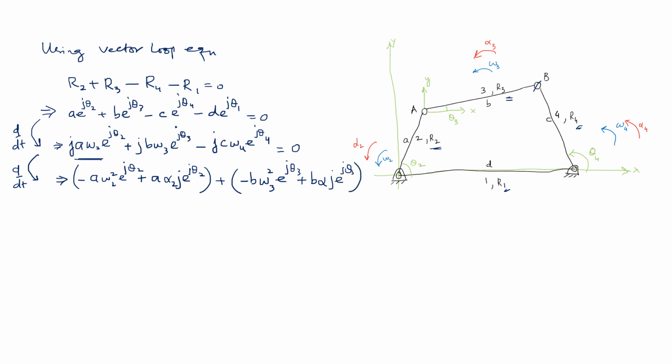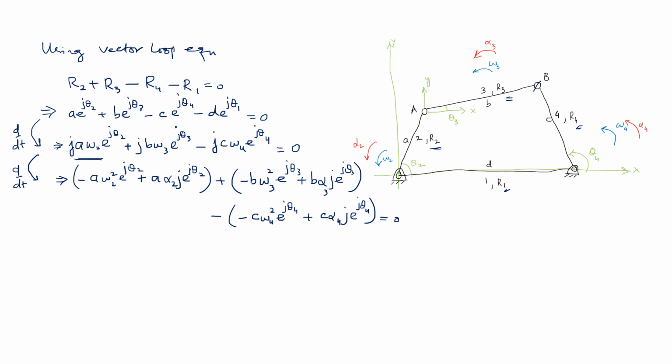And then with a minus sign, minus c omega 4 squared e raised to power j theta 4 plus similarly c alpha 4 j e raised to power j theta 4. So this is equal to 0.